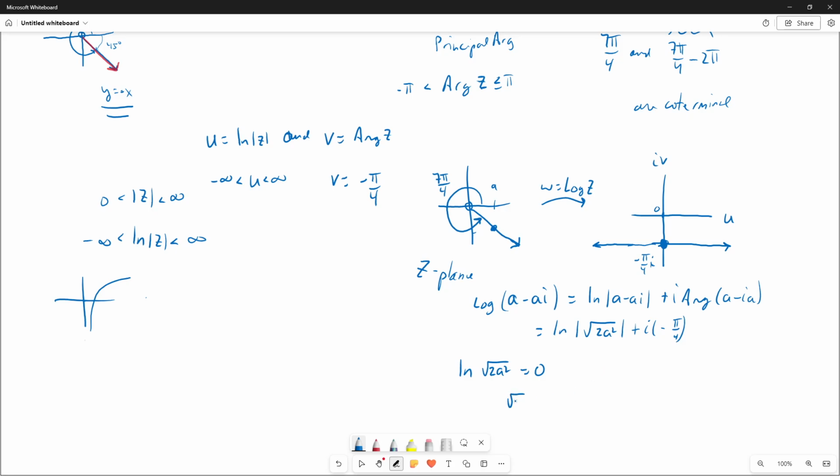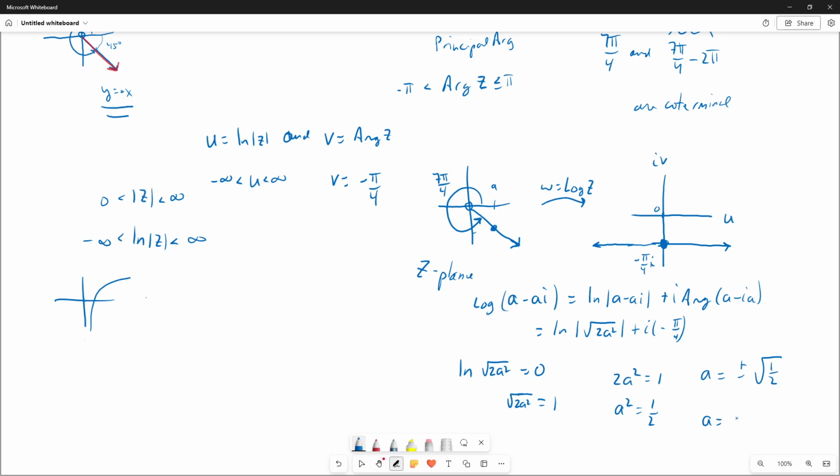And of course the log of 1 is equal to 0. So we would like the square root of 2a squared to equal 1 to make this logarithm equal to 0. That means 2a squared is equal to 1, so a squared is equal to a half. Algebraically, a is plus or minus the square root of a half, but in our situation, based on the fact that the ray is in the fourth quadrant, a is positive.